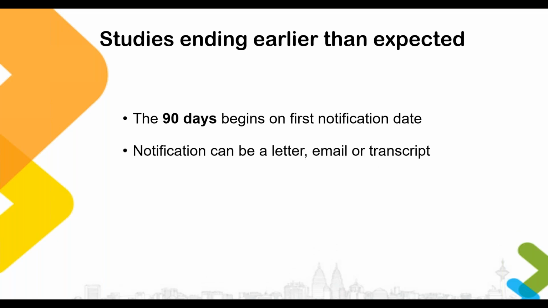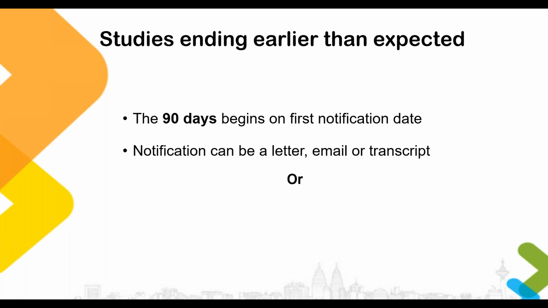The 90 days begins on the date you get the first notification. That notification can be in the form of a letter, an email, perhaps your transcript, or any other method that your learning institution uses to advise you that your program has ended.